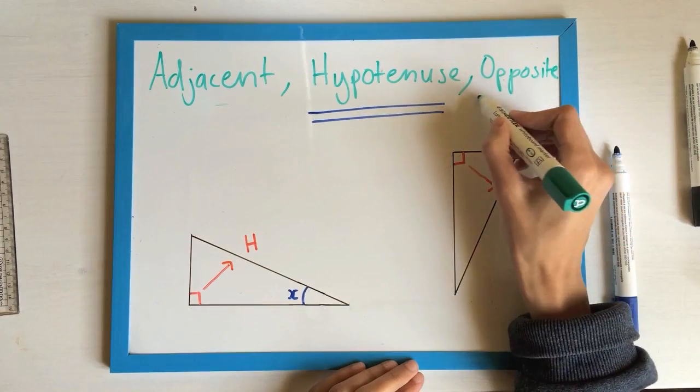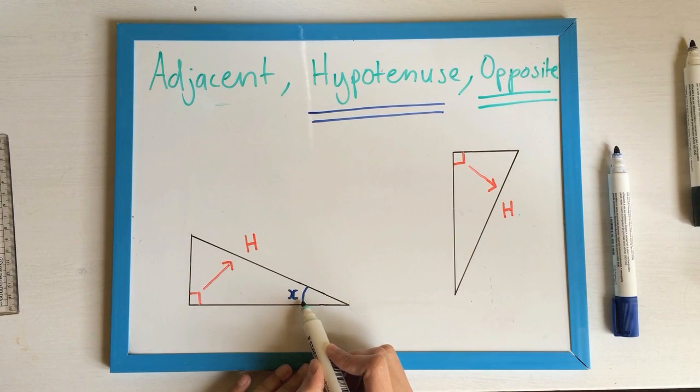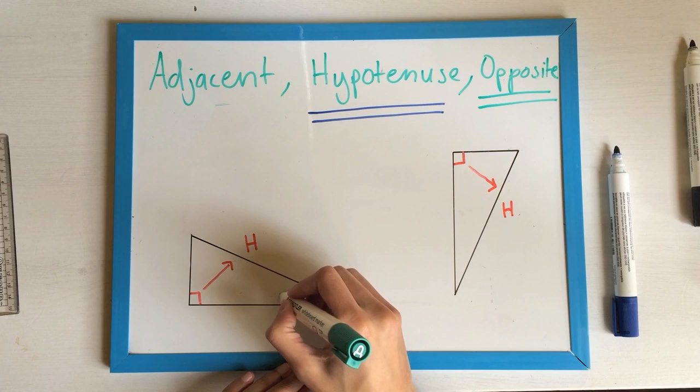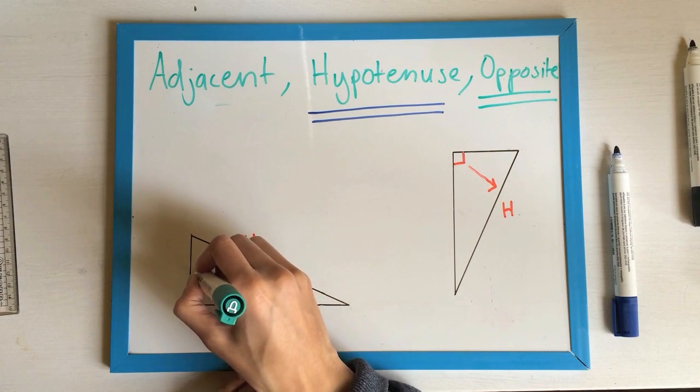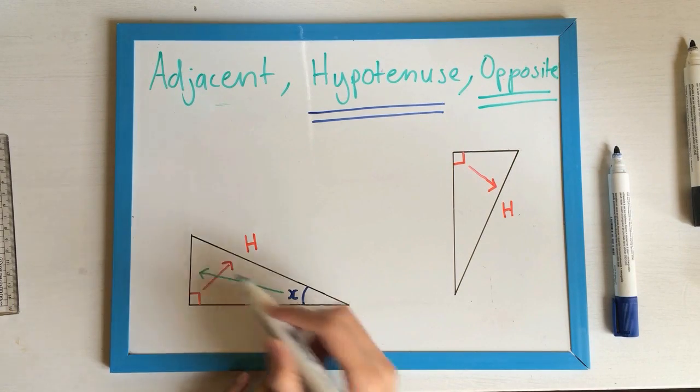The opposite side is opposite to the angle that we are looking for. The opposite side to our unknown angle is this side here.